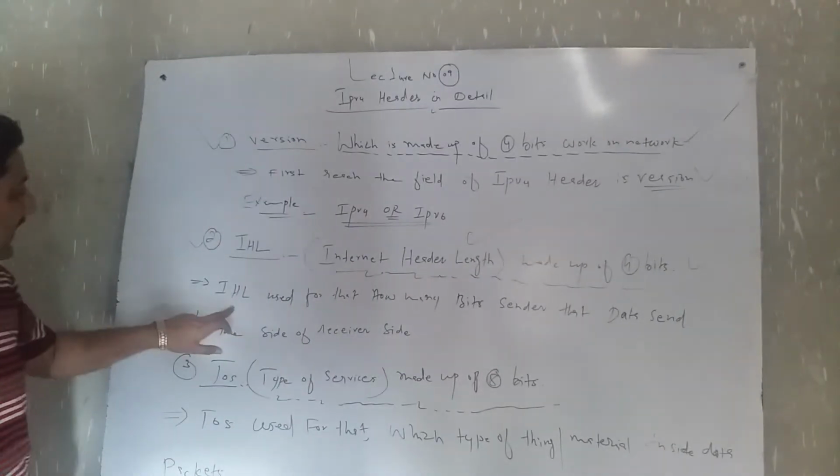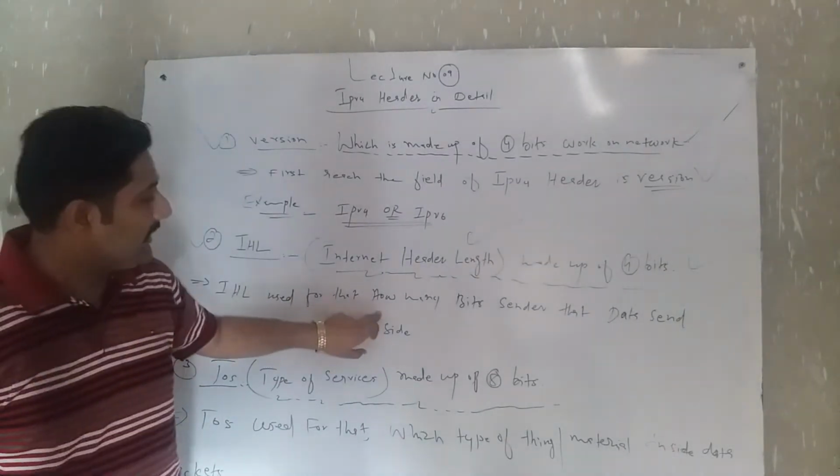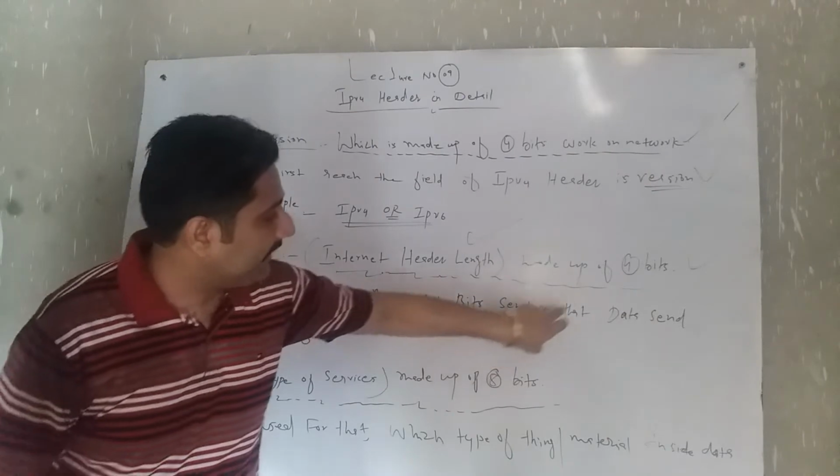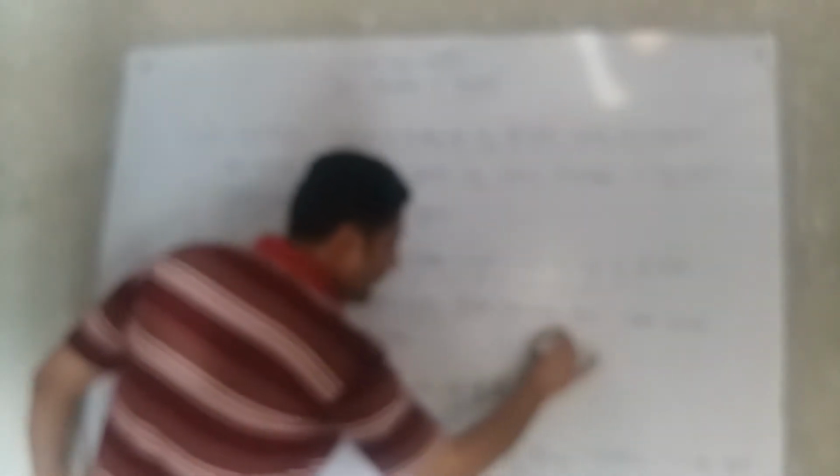IHL is used to indicate how many bits of header the sender's data carries when sent to the receiver side.